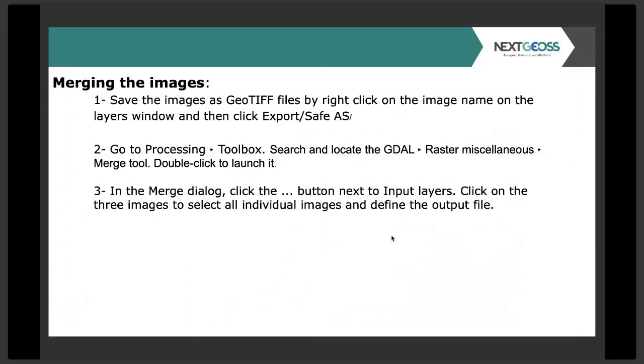I will search and locate the GDAL raster, and then go to the merge tool. I will double click on that, and then I will get a window where I can define all the specific parameters that I would like: the type of data, where the file should be saved, and what kind of format. Here we have done that in TIFF. And now you can see we get only one file.